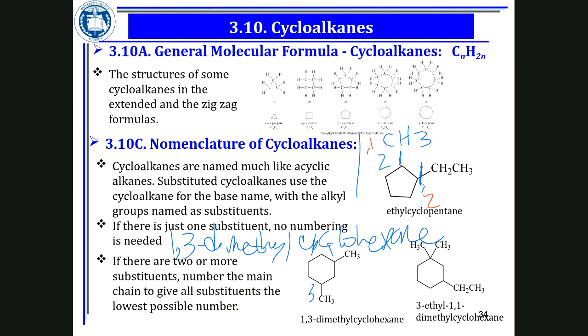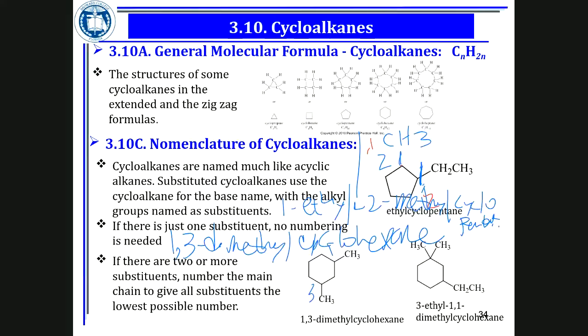The name for this compound, which one should I write first? Also alphabetic order. So it's going to be 1-ethyl-2-methylcyclopentane. So to name the branches, we have to name the branches first.